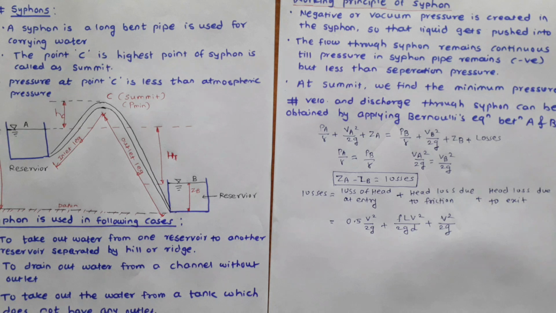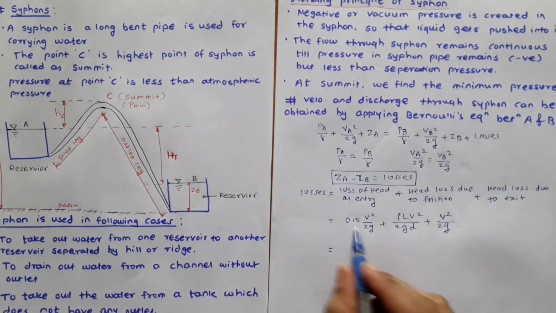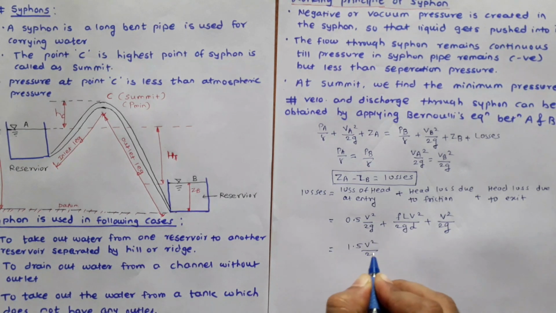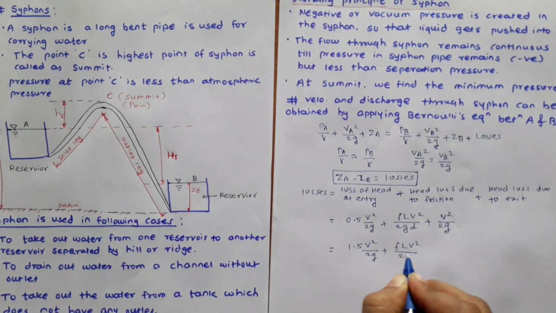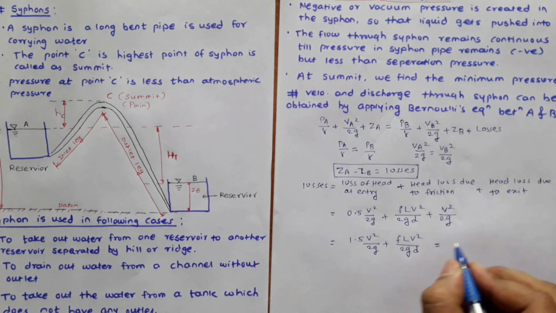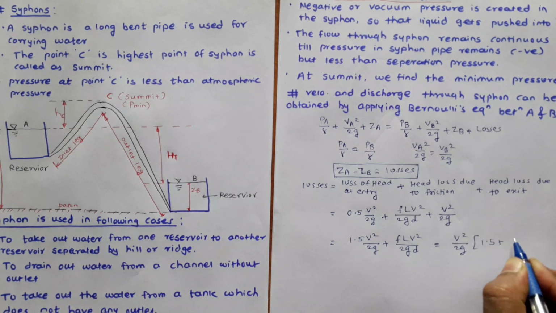Now simplify this equation: 0.5 plus 1 is 1.5 V square by 2g plus f L V square by 2 g D. Now take V square by 2g common, so we will get 1.5 plus f L by D.